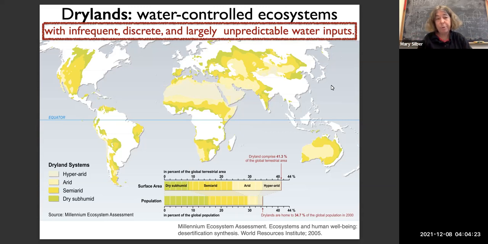And when the term drylands was introduced, it was not only that these were water limited ecosystems, but that the water inputs are infrequent, discrete, and unpredictable. So a lot of the goal of what we're doing right now is to try to capture some of those aspects of drylands within our modeling framework.